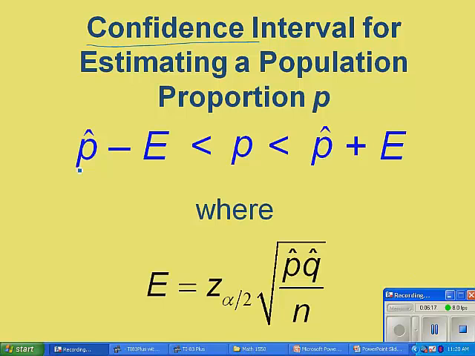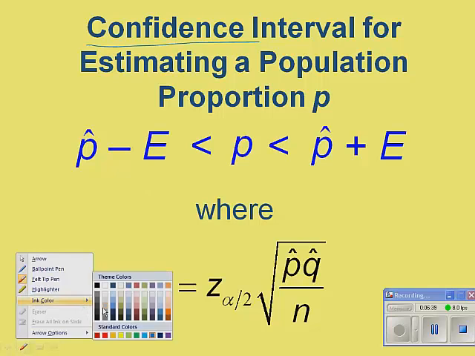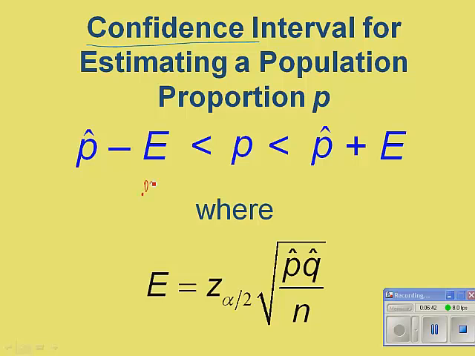The interval is going to be p hat minus the margin of error is less than p hat plus the margin of error. What was our margin of error again? I want to go back to the last slide. 0.023. Okay. So where it says E, I'm going to go ahead and write 0.023. Here's P. What was alpha in this example?